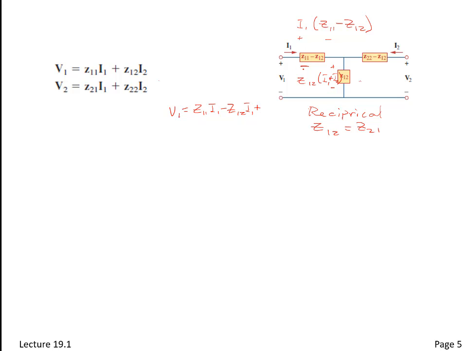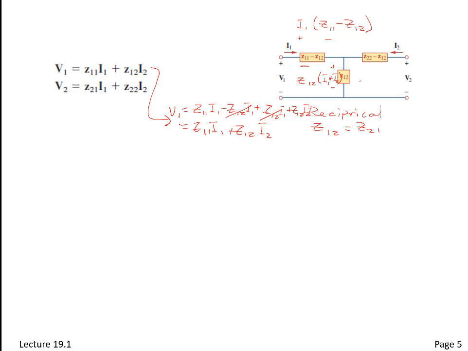So it's I1 times Z11 minus Z12, plus Z12 I1, plus Z12 I2. Let's clean that up. It's Z11 I1 minus Z12 I1 plus Z12 I1 plus Z12 I2, which is exactly this.